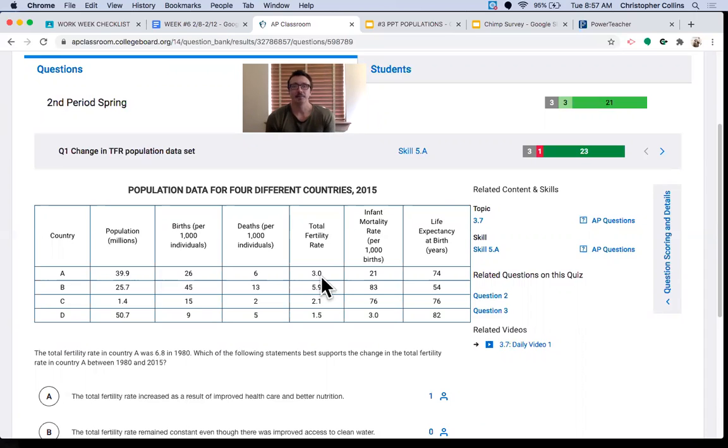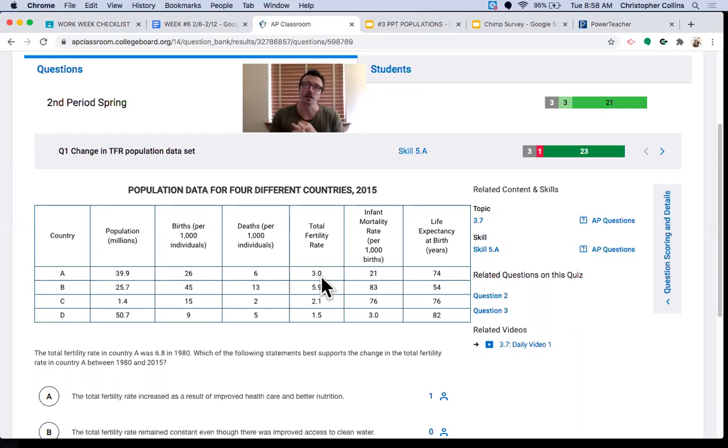Now, why would the women in this country be having fewer children, right? Well, there's a lot of reasons. Generally speaking, total fertility rates decrease as a country becomes more developed. And as a country becomes more developed, generally speaking, these women are going to have more equitable access to education.